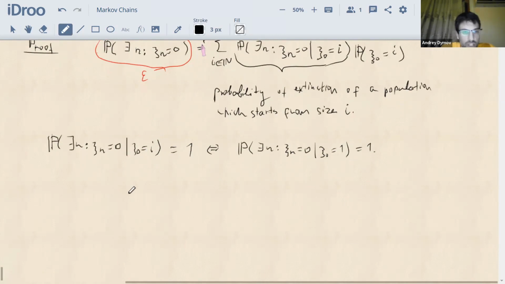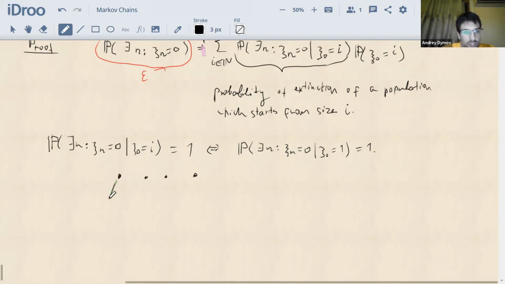Why is it true? Just because, if this probability equals 1, then this probability also equals 1, because individuals do not interact with each other, right?